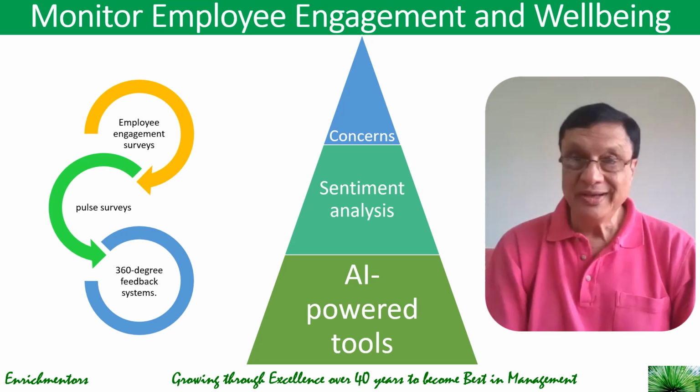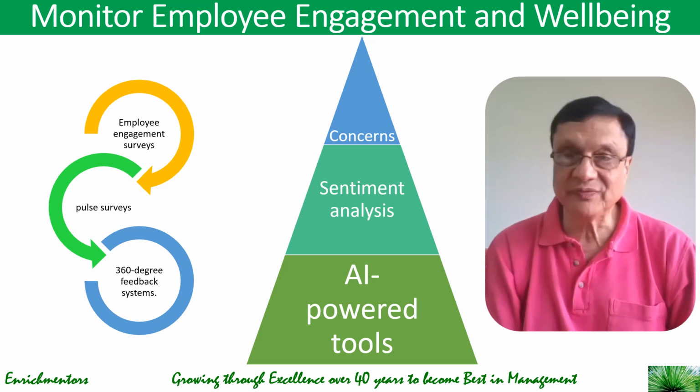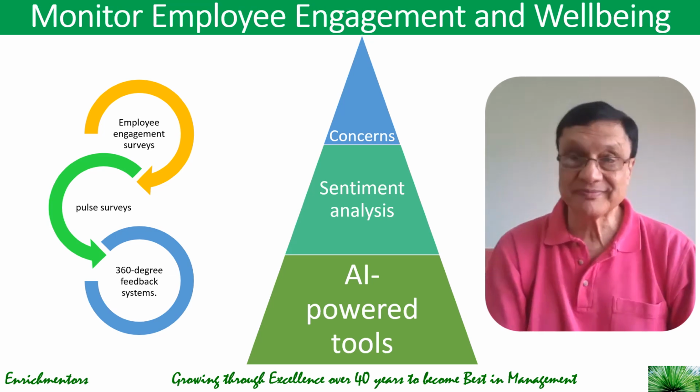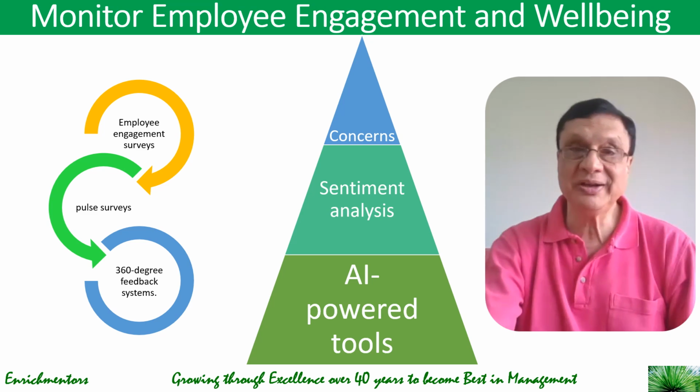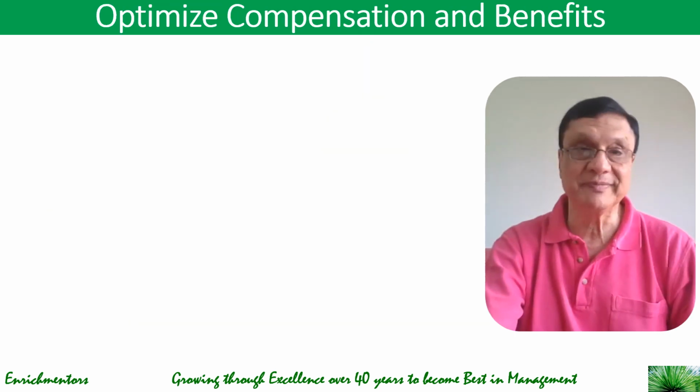Example, engagement data might show a sharp decline in satisfaction with remote working policies. That should prompt you and your leadership to reevaluate those policies. So monitor employee engagement and well-being.